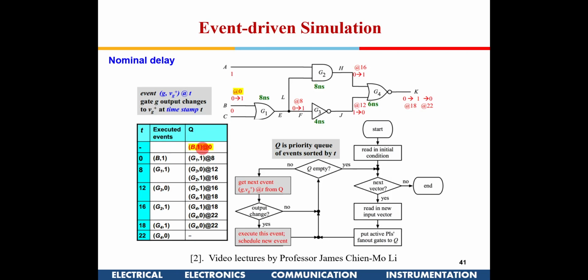Now that is in the first FIFO register, and that is pulled here. B changing to 1 will cause an output change at G1, because a delay of 8 nanoseconds has been specified, so at 8 nanoseconds this will make a change.